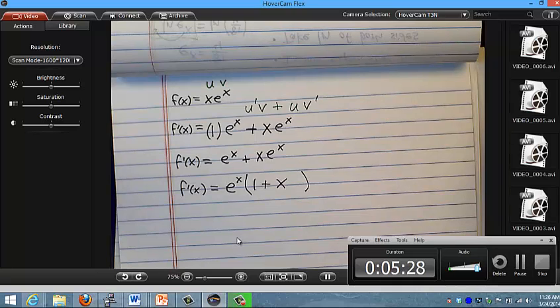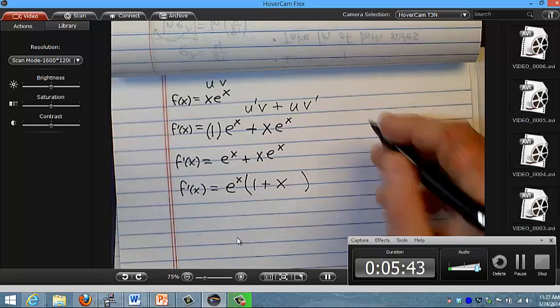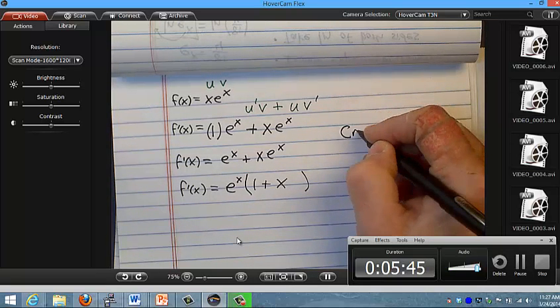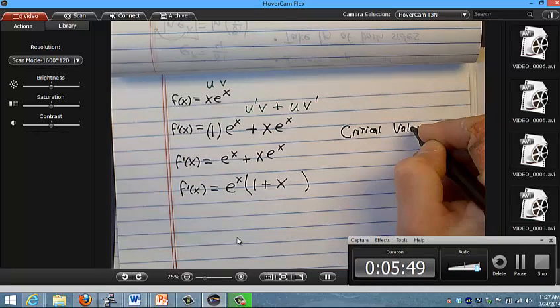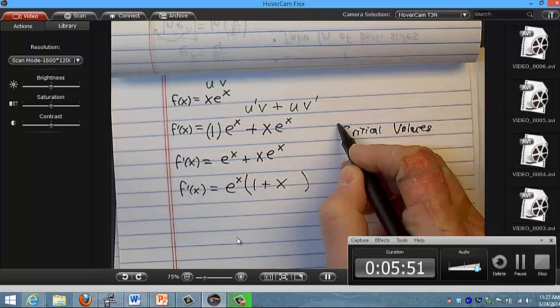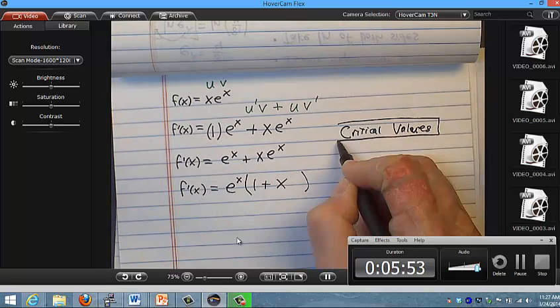And so if you think about those slides that I showed you, if I want to know where the function is increasing, I look, where's the derivative positive? If I want to know where it's decreasing, I look, where's the derivative negative? But maybe even easier is to find what are going to be called critical values. Critical values, and I'll give you the definition.